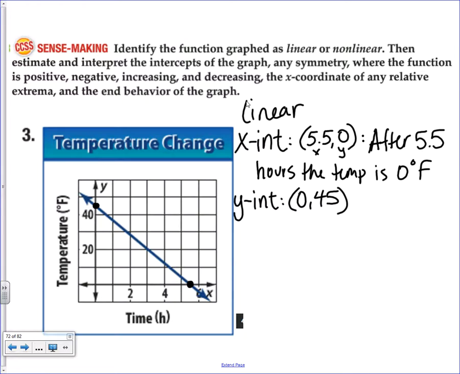So the temperature started at 45 degrees. Okay, intercepts are done. Now what are they asking? Is there any symmetry here? No.